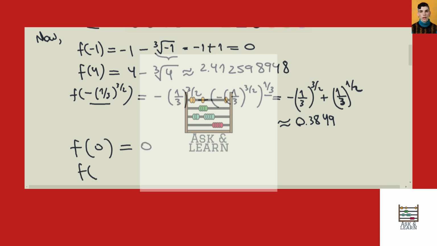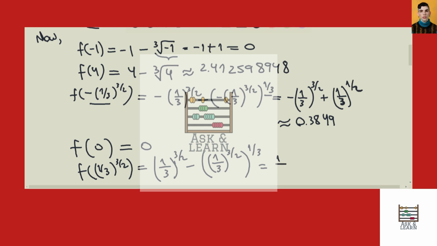And f at 1/3 to the 3 halves is 1/3 to the 3 halves minus the cubic root, that is raised to the 1/3, the number where we are evaluating the function, that is 1/3 to the 3 halves, and that becomes 1/3 to the 3 halves minus 1/3 to the 1/2, and that's about negative 0.3849.